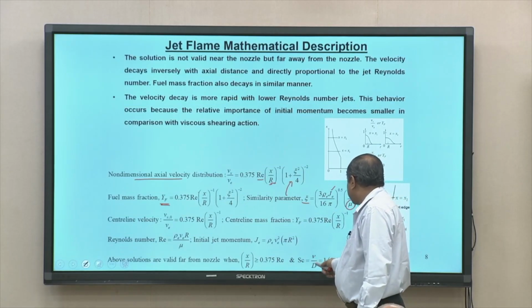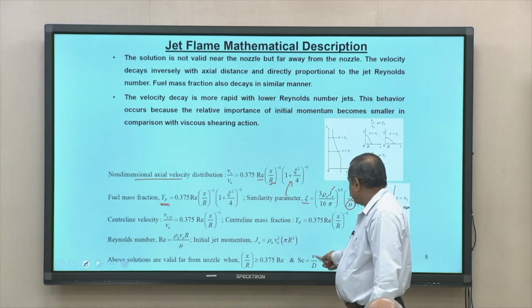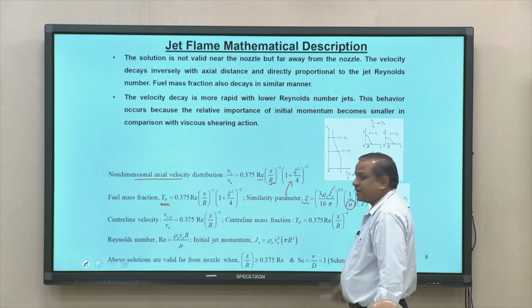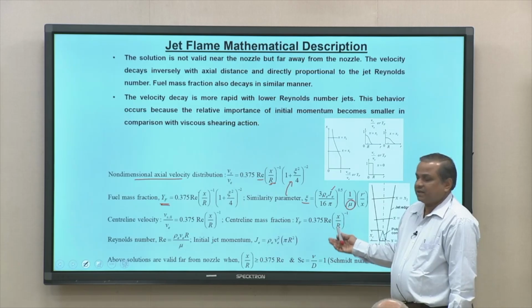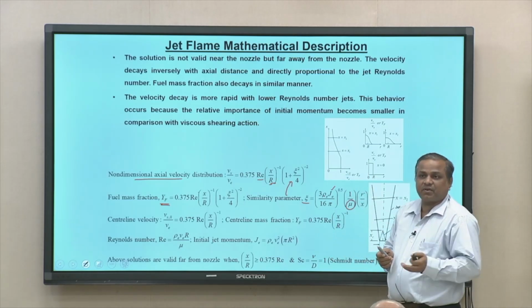And the Schmidt number, which is the ratio of kinematic viscosity to the binary diffusion coefficient, is equal to 1. Why is that? Because we are assuming this jet to be non-reacting.